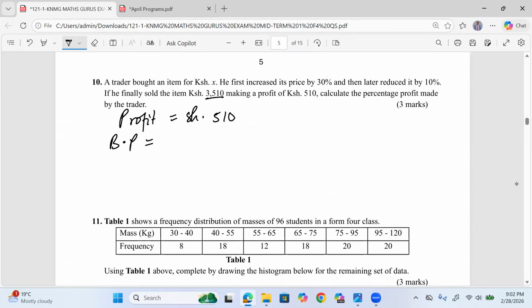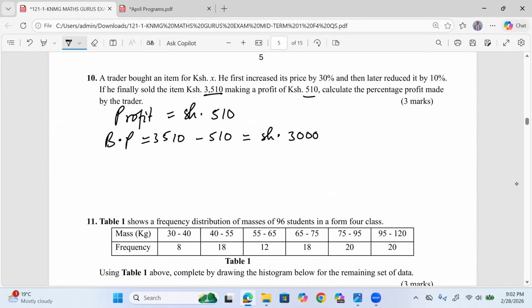He sold it at this, and this is the profit. Meaning that when we take 3,510 and we subtract 510, we shall get exactly 3,000. Yeah, exactly 3,000. So he had bought it at 3,000. That is why after selling at 3,510, there is a profit margin of 510.